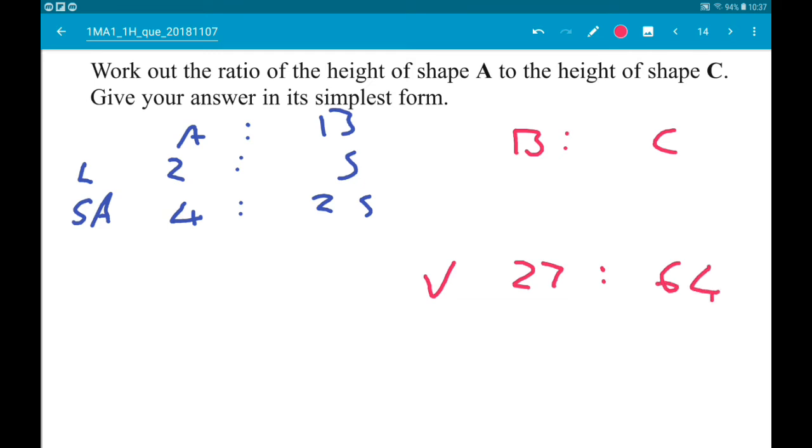Now, to get from volume ratio to length ratio, we cube root. So the length ratio of B to C is going to be 3 to 4.